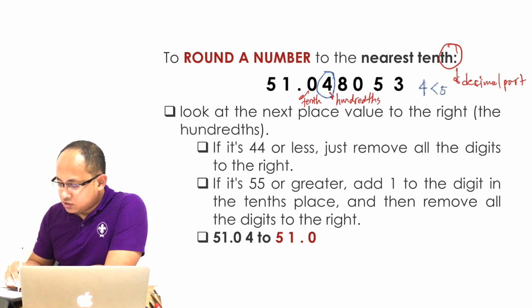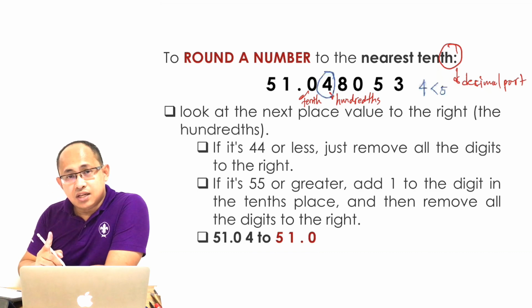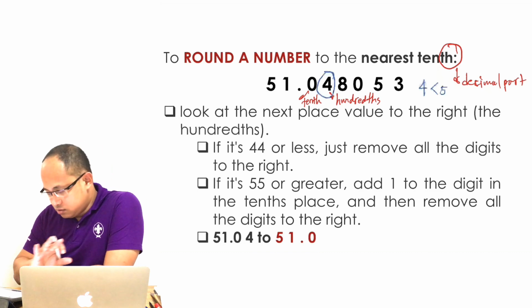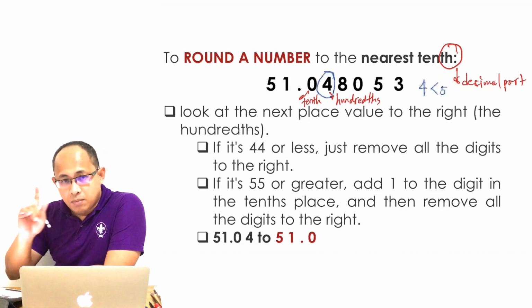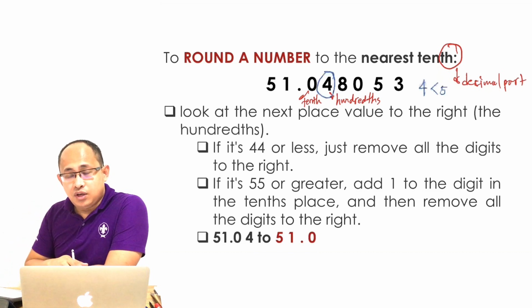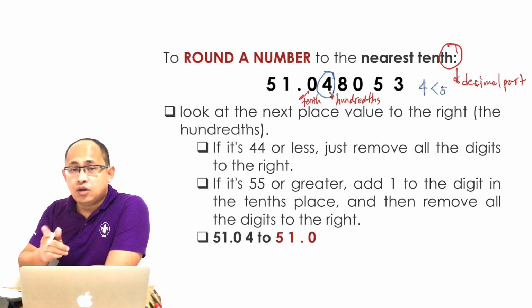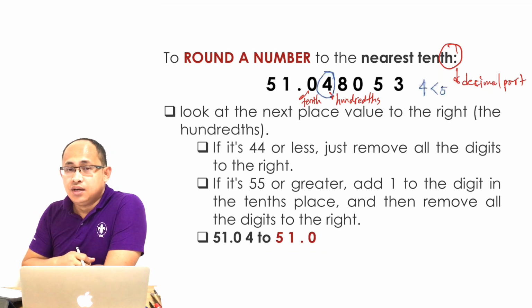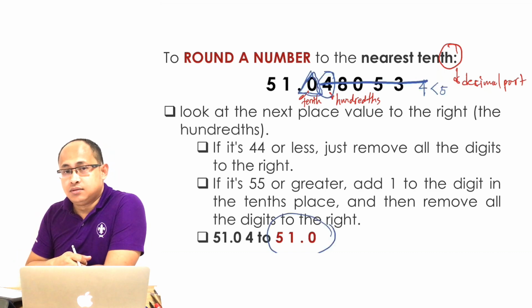That's why our answer is 51.0. Because if it is less than 5, remove it all. But once it is more than or equal to 5, then add 1 to the place value that you want to round off.